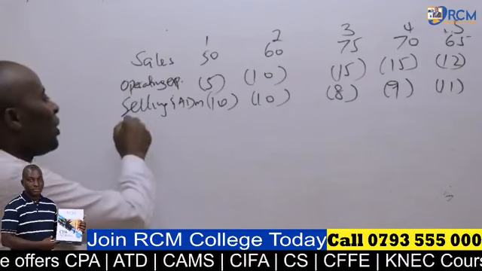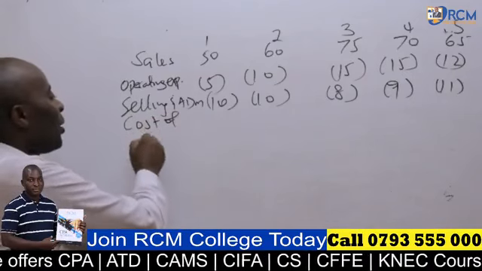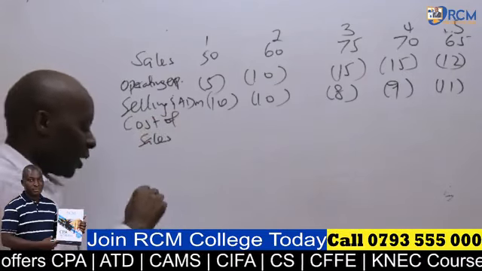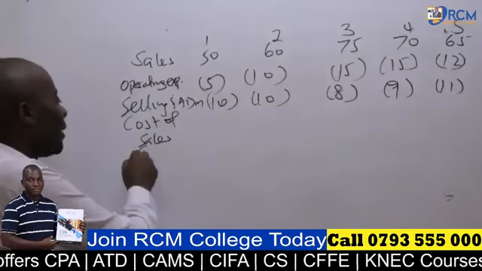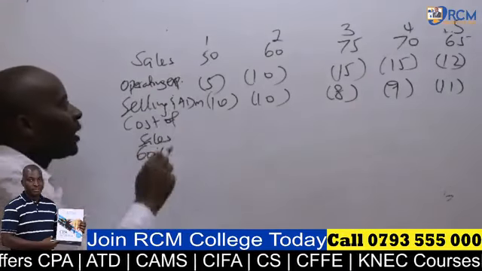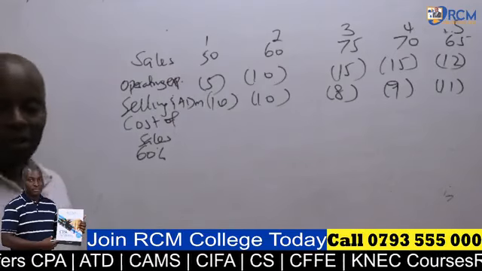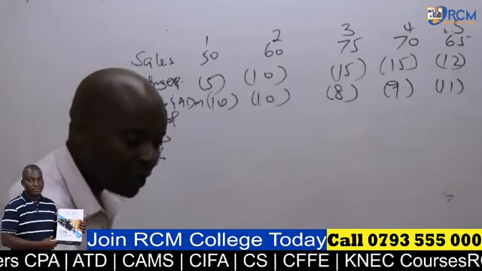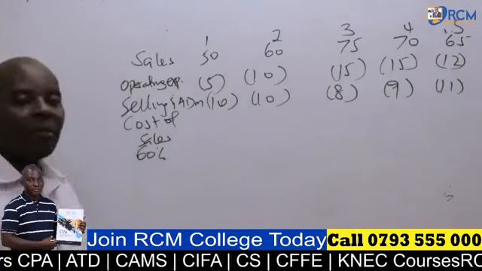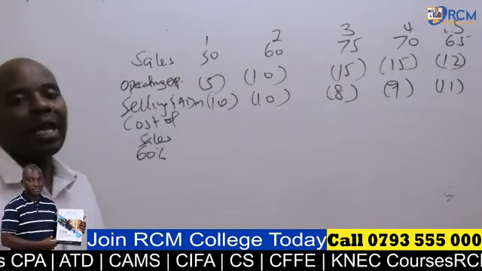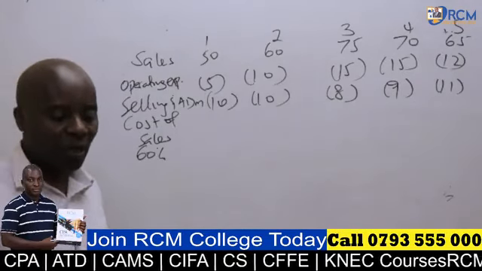This one confused so many students. When you see gross profit margin being 40%, it means that the cost of sales will be 60% of the sales. So anytime you're given the gross profit margin, there must be a cost of sale.